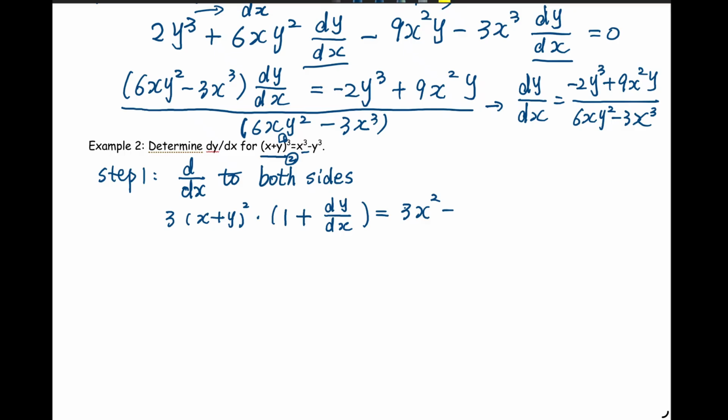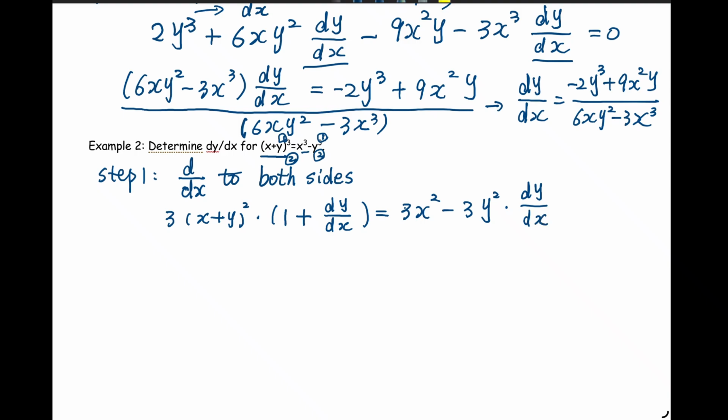And for y cubed, we do the cubed first, then do the y. So cubed is 3, then the degree minus 1 is 3y squared. And don't forget the base is a function of x again, so we have dy by dx.